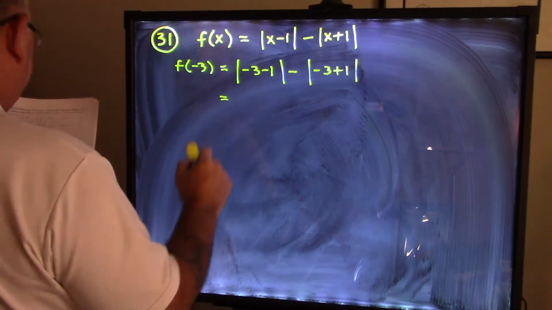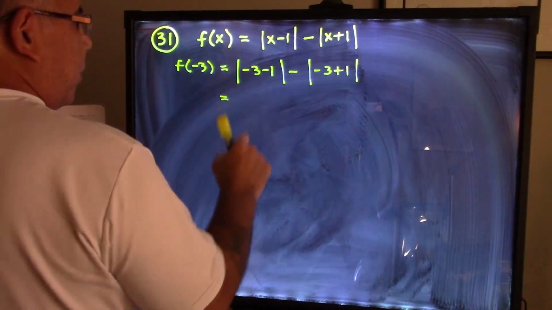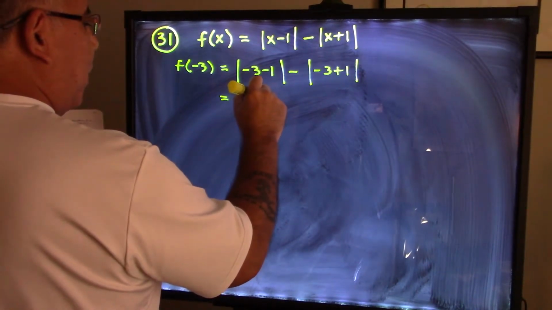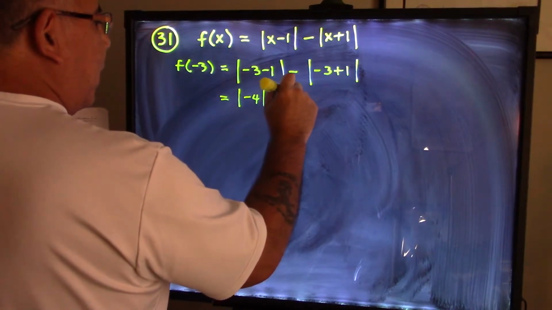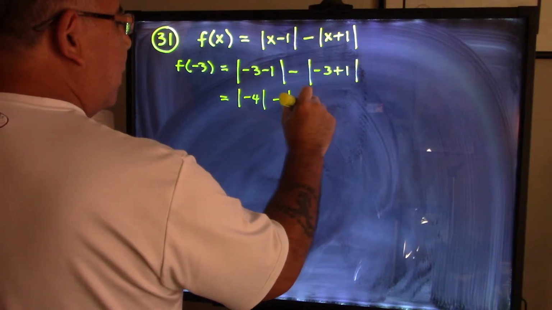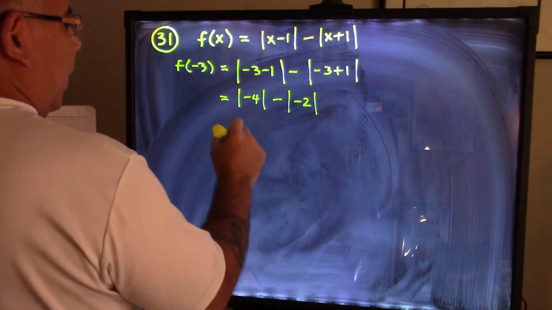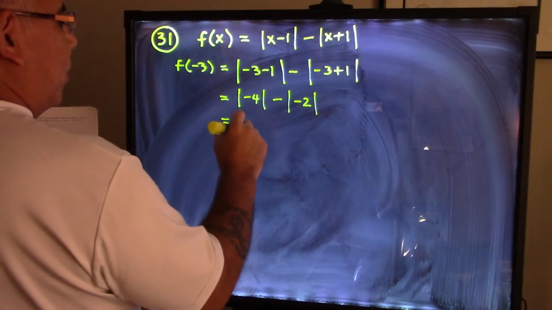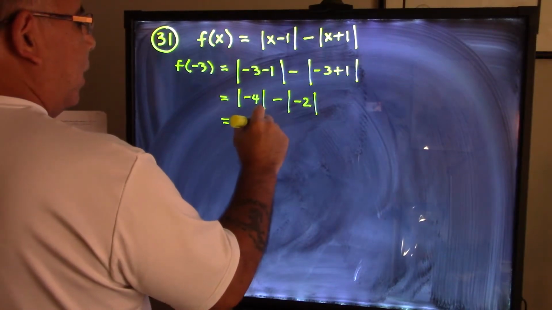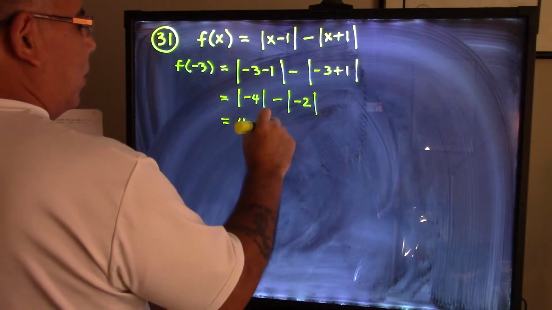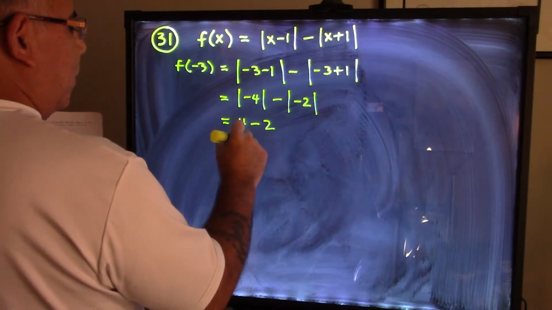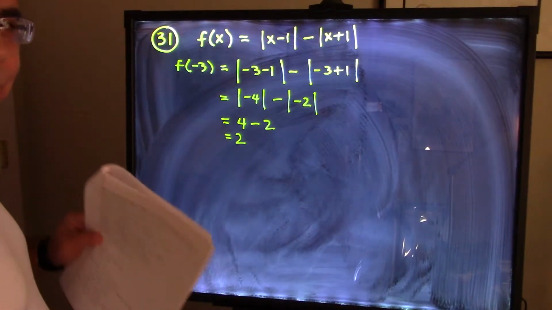And then we've got -3 minus 1 is -4, so absolute value of -4 minus absolute value of -3 plus 1 is -2. Absolute value of -4 is 4, and then you've got the minus there. Absolute value of -2 is 2, so you've got 4 minus 2, which equals 2. All right.